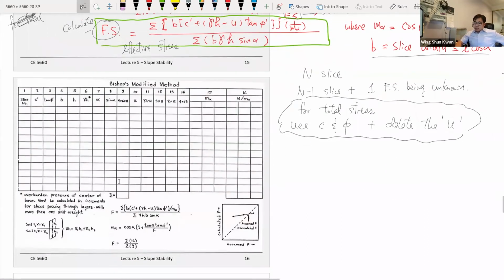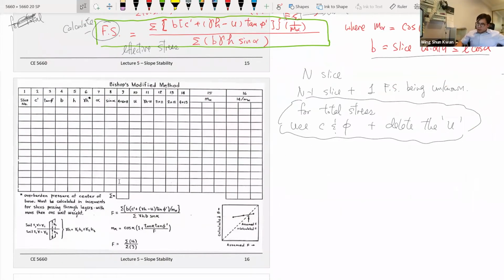Okay, so this is the computation package, a tabular form for you to finish the whole thing. You would divide your slope into different slices, and you tabulate each of the parameters of each slice.